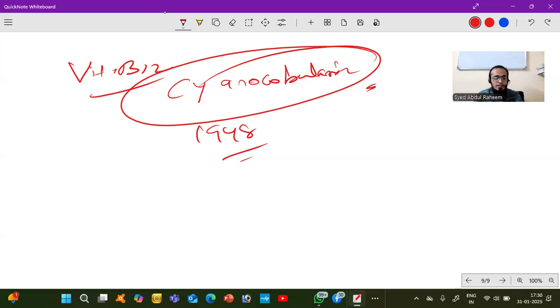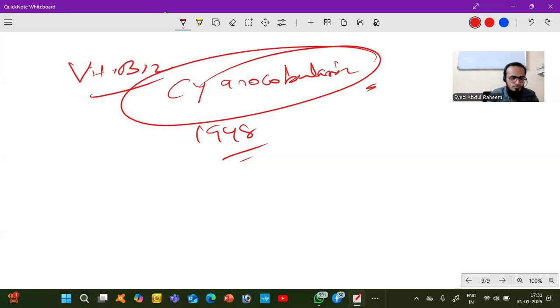So intrinsic factor is mostly explained in the digestive system, anatomy and physiology. After that, absorption happens, and cyanocobalamin, which is in inactive form, is converted to active form, then it is stored in the liver, not completely stored, some amount is stored. After that, according to the requirement, it will release into the blood.